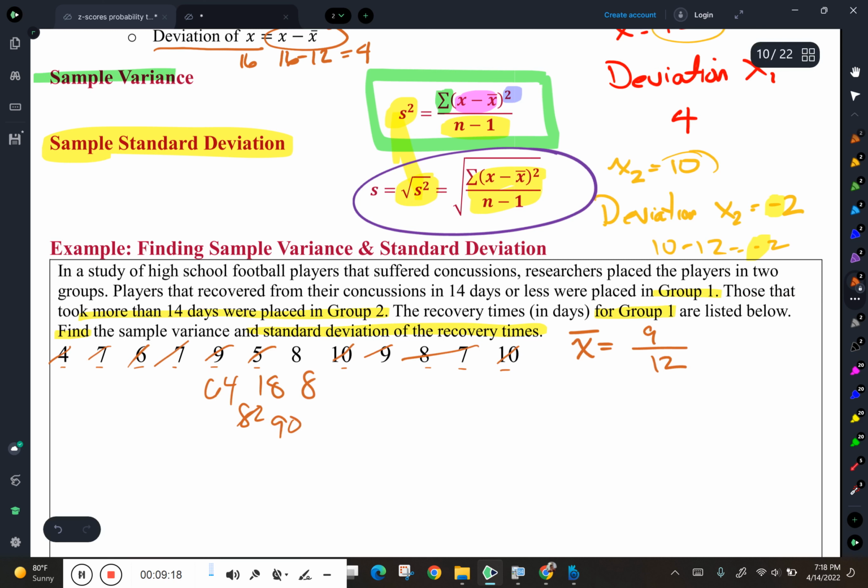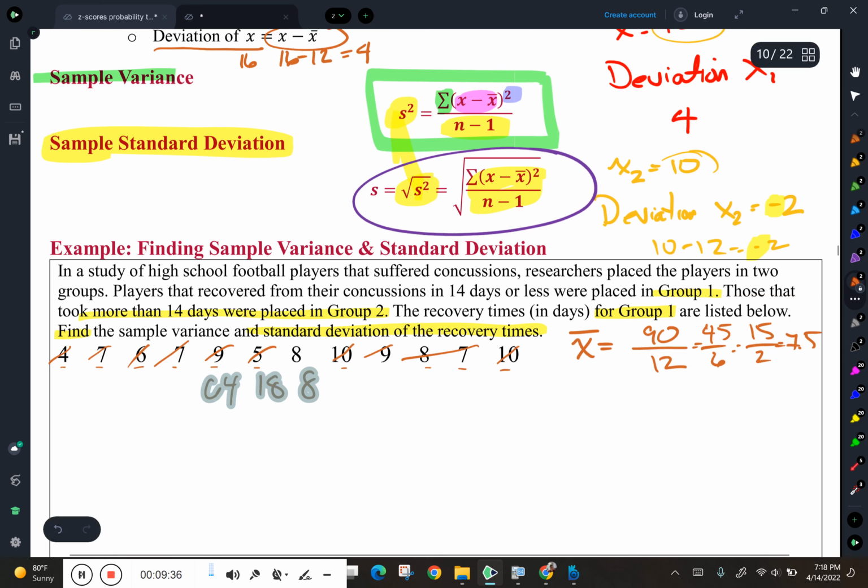So it's 90 divided by 12. 90 divided by 12 is 45 over 6. Those both divide by 3, so that's 15 over 2, or 7.5. So my mean is 7.5.